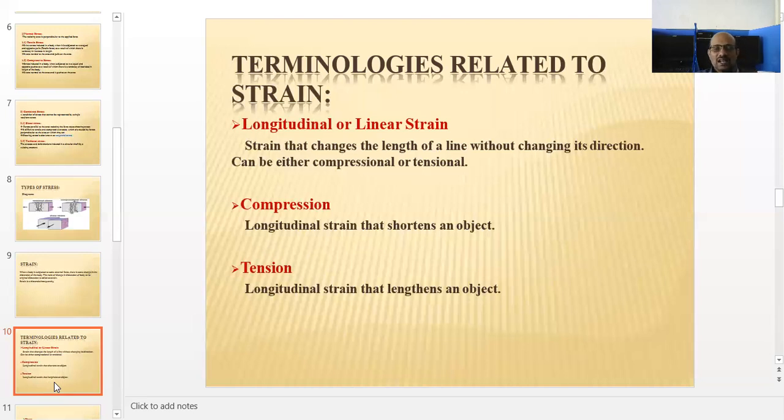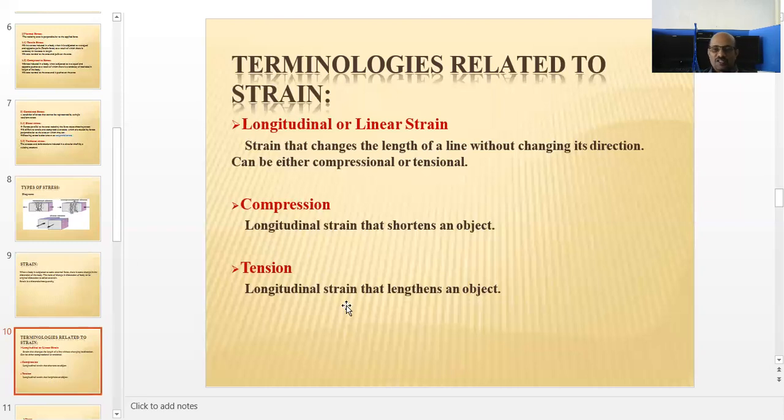So in tension, what is going to be happening? The length of the object is changing lengthwise. That is called tensile strain.